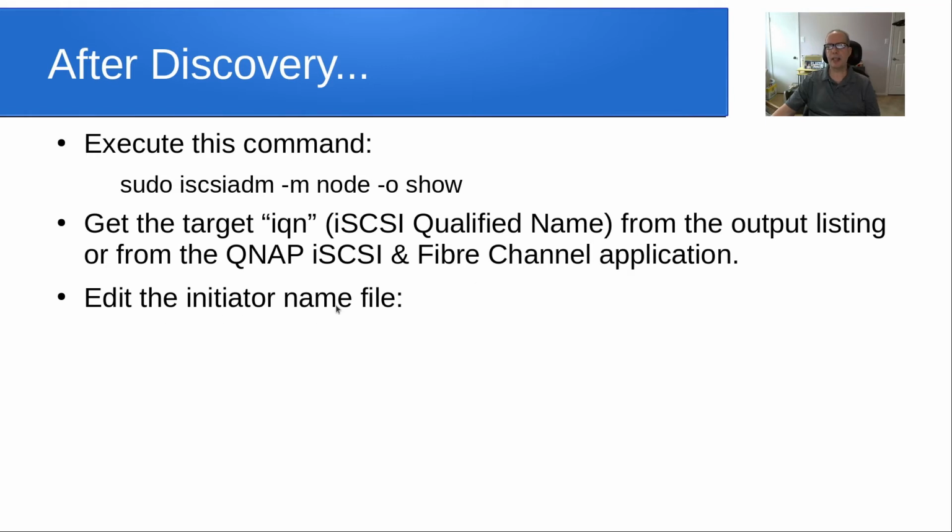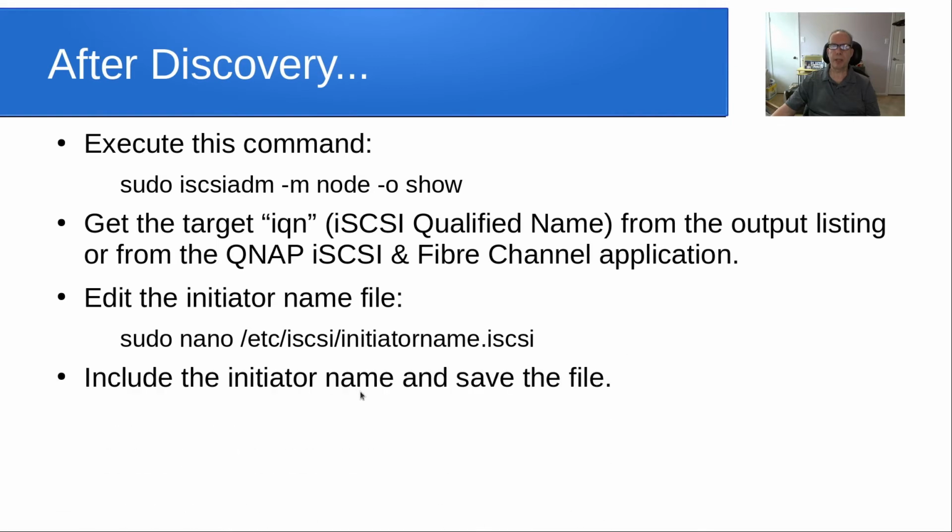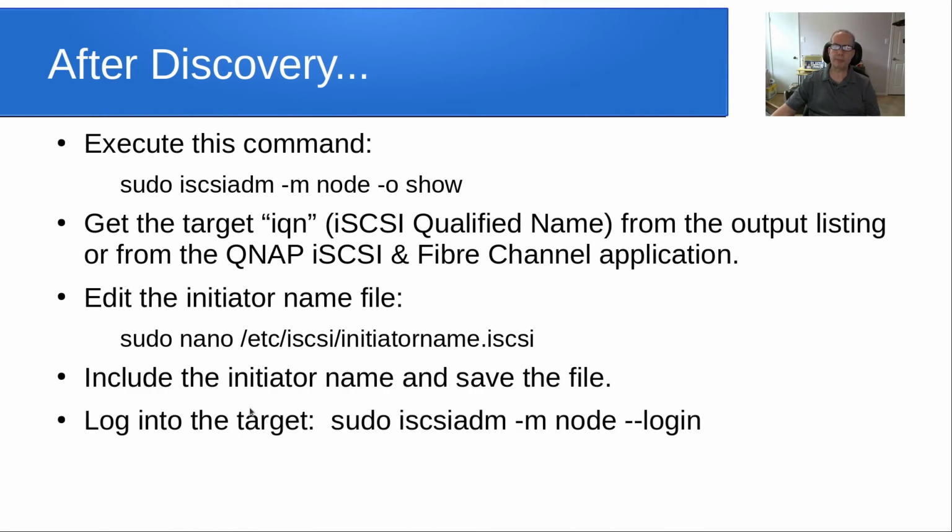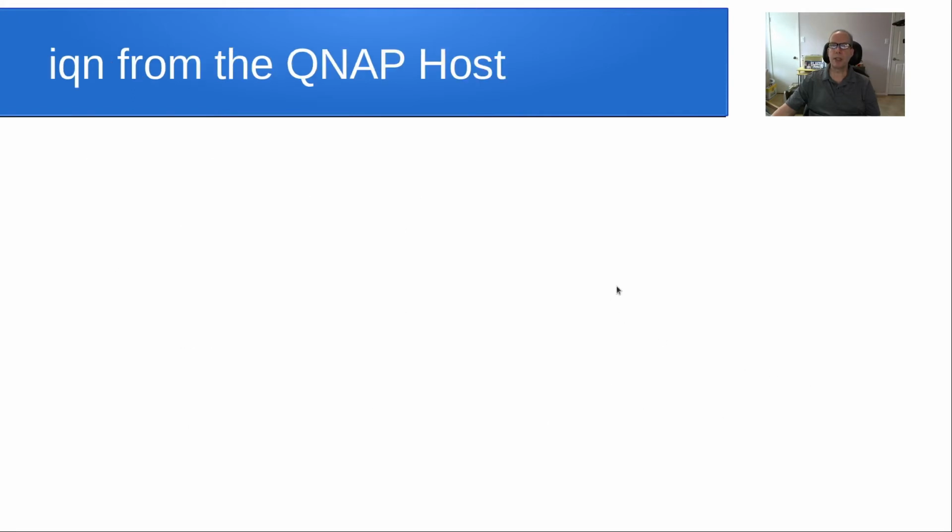You want to edit the initiator name file by going into sudo nano /etc/iscsi/initiatorname.iscsi. You want to include the initiator name and save the file, and log into the target with a sudo iscsiadm -m node --login.